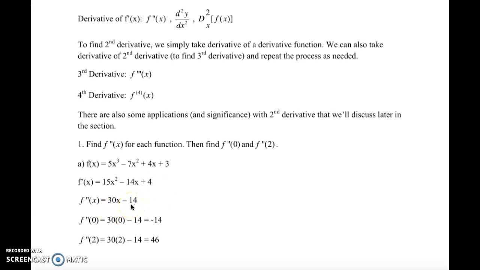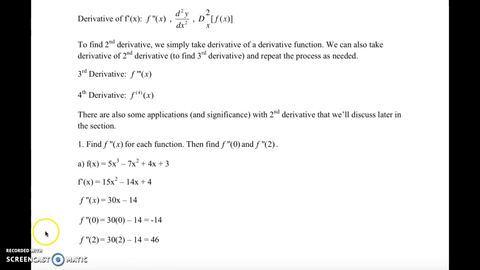And using our second derivative, we're going to find the acceleration at 0. When we plug in 0, we get negative 14. So at the x value 0, our acceleration is decreasing. And when we plug in 2, we get a positive value of 46, which means that at x equals 2, our acceleration is increasing.